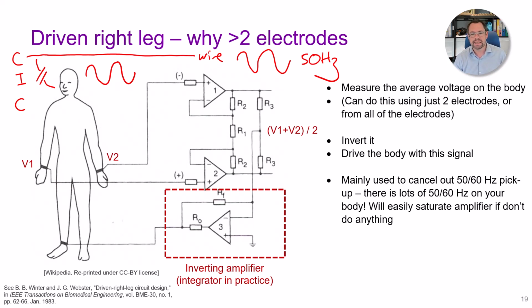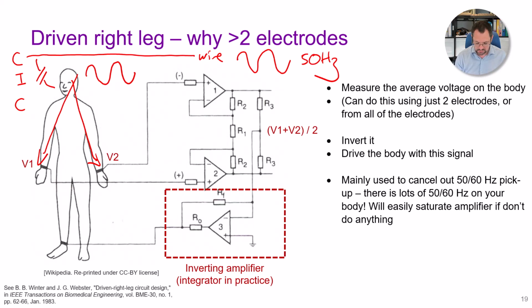So we need a mechanism for getting rid of that. And the way we do that is by saying, actually that 50 Hertz is more or less everywhere. I've got it on this electrode here, and I've got it on this electrode here. And so what we actually do is we measure the 50 Hertz.